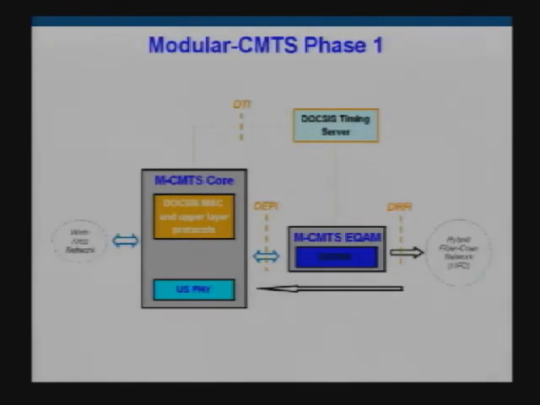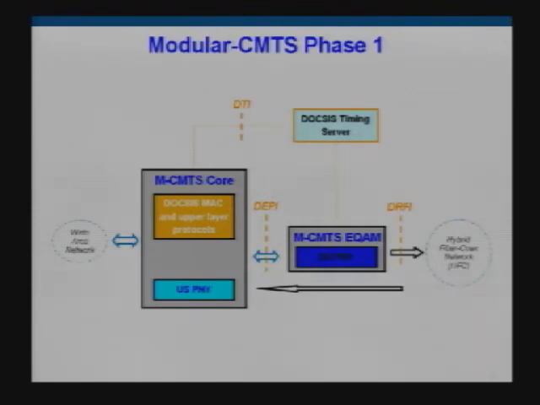So now moving on to the concept of modular CMTS. The modular CMTS architecture itself is divided into phase 1 and phase 2, and what is defined in the spec today is phase 1. However, phase 2 is under development by vendors like Cisco, and sooner or later there would be a standardization on phase 2 also coming in.